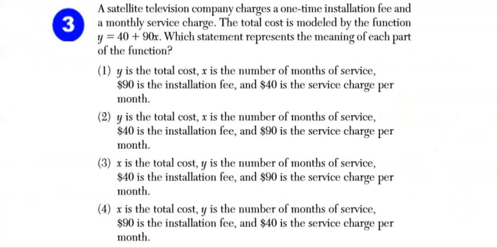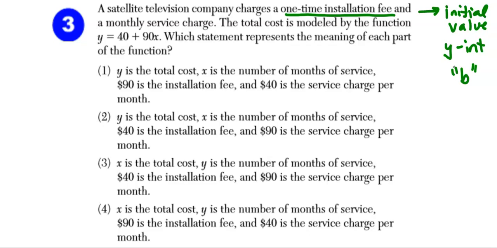Question number 3. A satellite television company charges a one-time installation fee. One-time fee is known as an initial value, which is also known as a y-intercept, which is also known as the b value, right? And it also charges a monthly service fee.